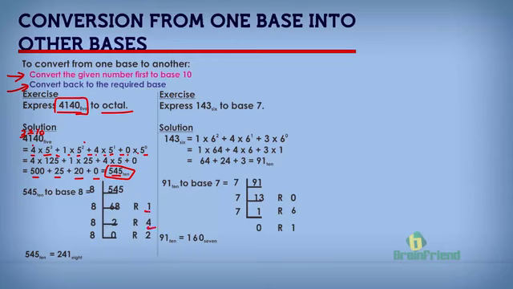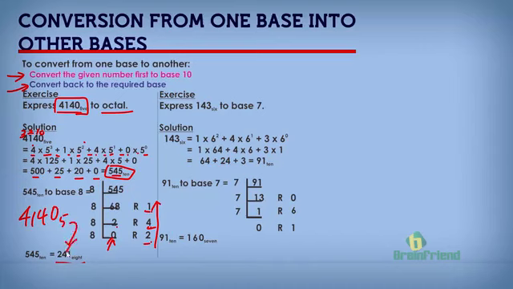And of course, 8 cannot go in 2, so we've hit our 0 level, and the last remainder there is 2. Counting from bottom up, our remainders are 241. So 241 base 8 is the same as 4140 base 5.